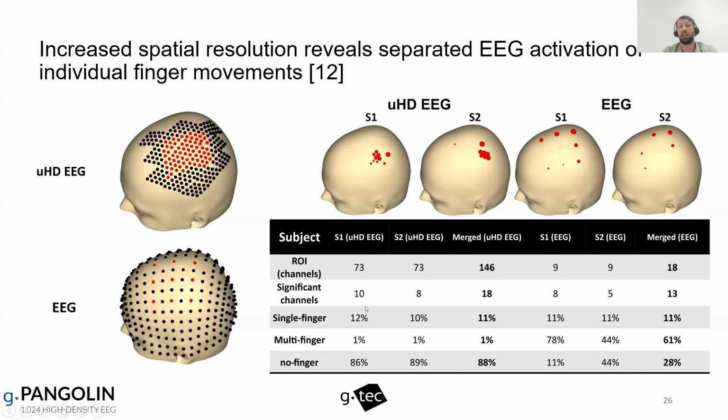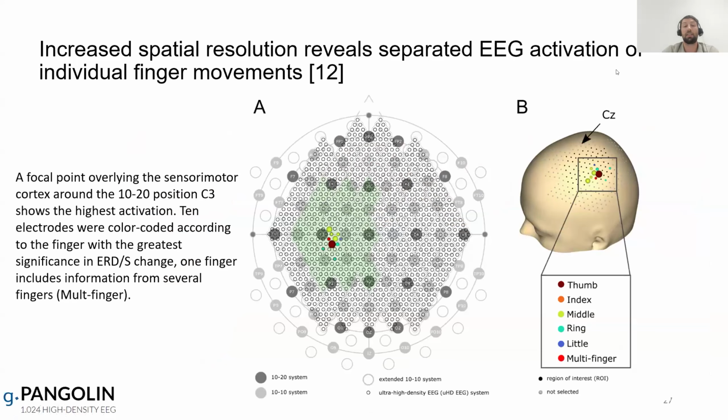We saw that the single finger activation is different between the ultra high density EEG and the standard EEG, and we have more information in our focal spot because more standard EEG channels are active with each finger in the standard measurements. And here again, we plot superimposed the most significant fingers for each channel, and we can find again this focal spot overlaid on the standard EEG system.